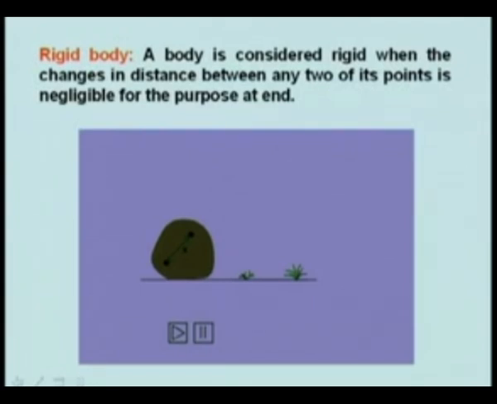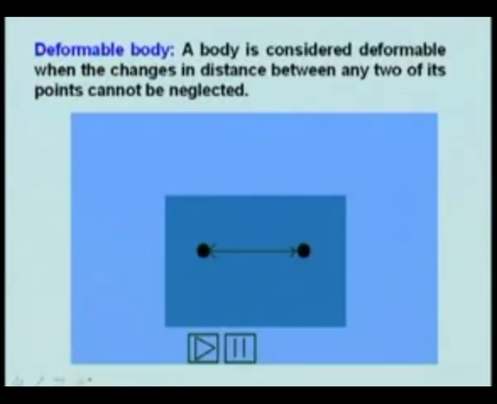Suppose this is a body. If we apply a force, then the distance between two particles remains the same. Therefore, this body can be considered a rigid body. Next, a deformable body.